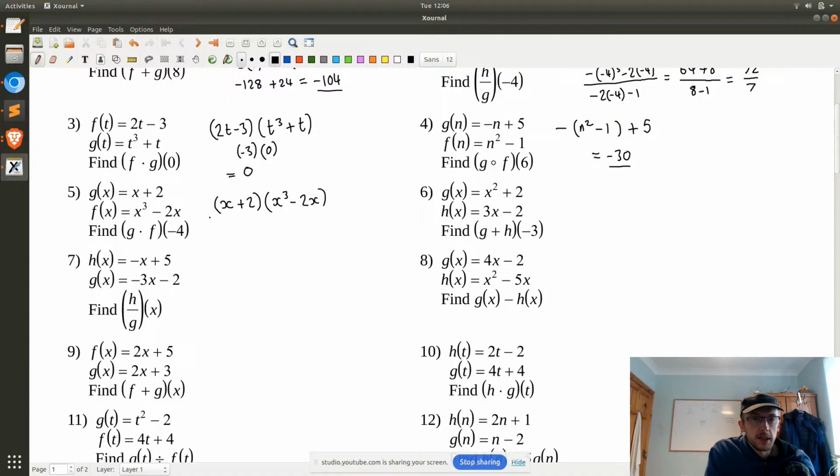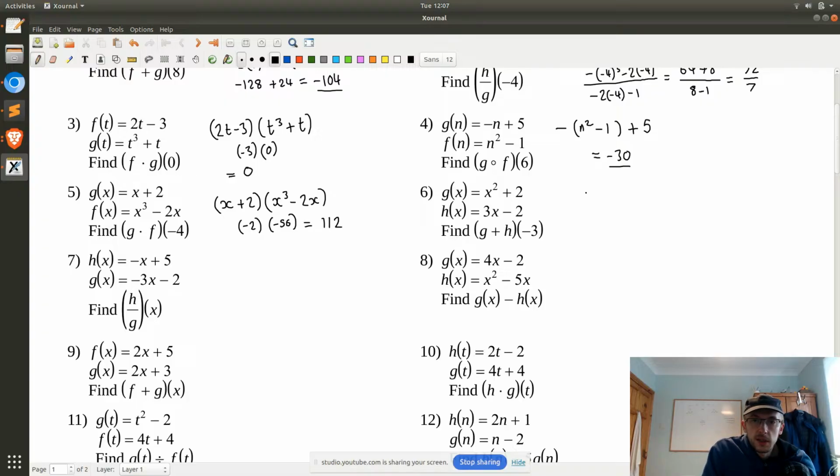No, just plug it in the pieces. -4 plus 2 is -2. -4 cubed is -64. Negative 4 times negative 2 is 8. And negative 64 plus 8 is negative 56. To get a final answer of 112.